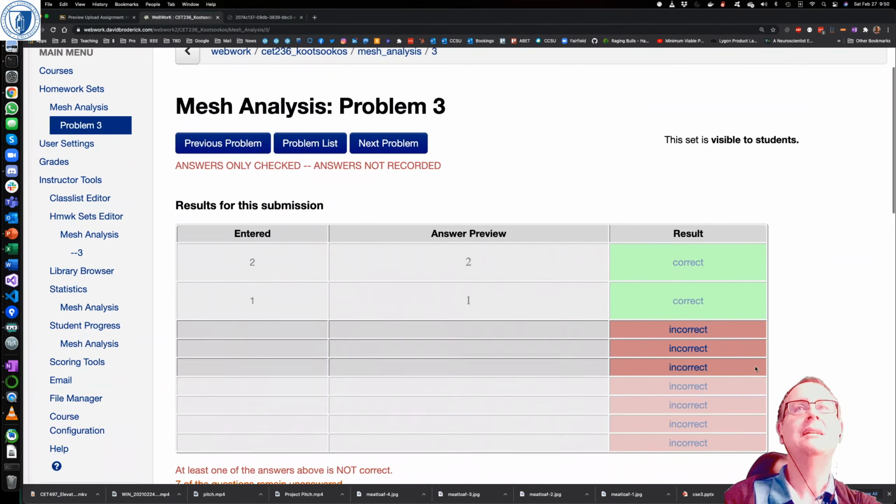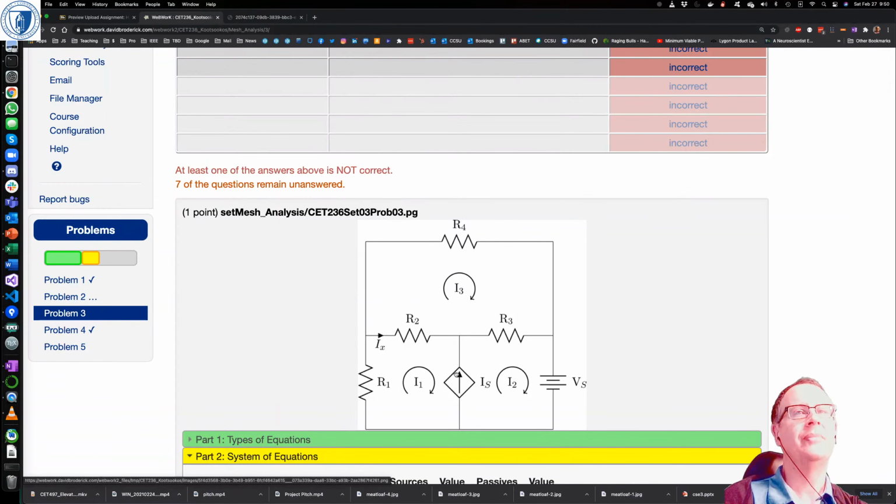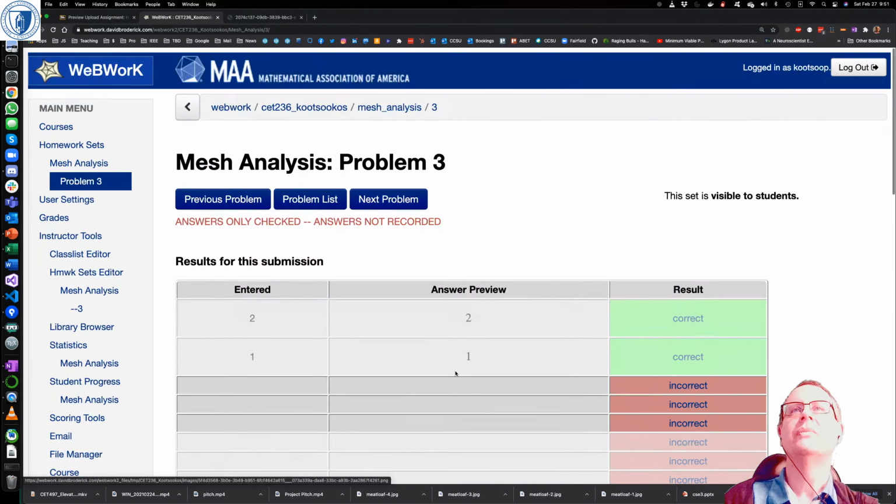Yeah, okay. Because we've got that super mesh, our two KCL equations, one for each mesh, translates into one super mesh equation, a KVL equation, and one KCL equation. Okay, that's that one.